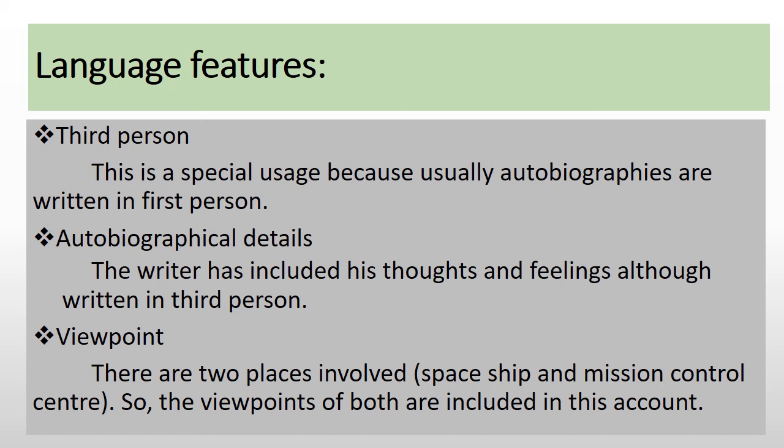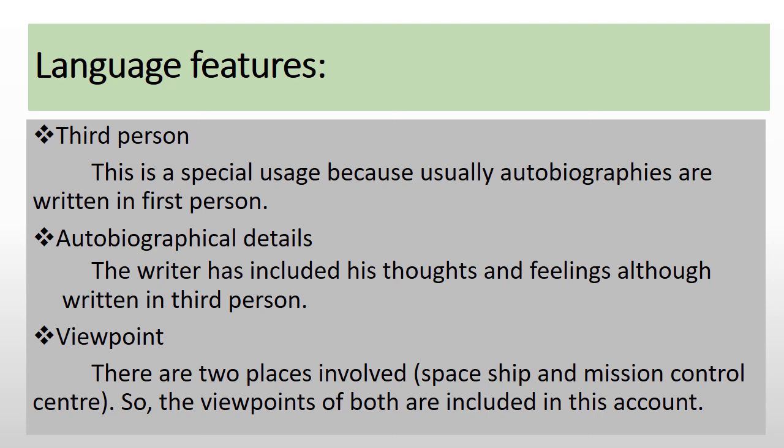Then the last one is viewpoint. As the action is taking place in two different places, the spaceship and mission control center, the reader sees the series of events in two viewpoints. The writer has moved from one to the other in turn, so the reader can see the drama unfold.